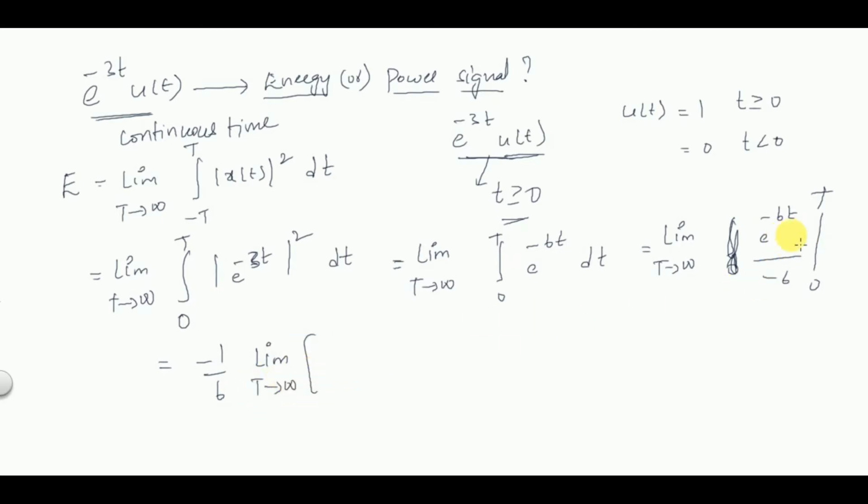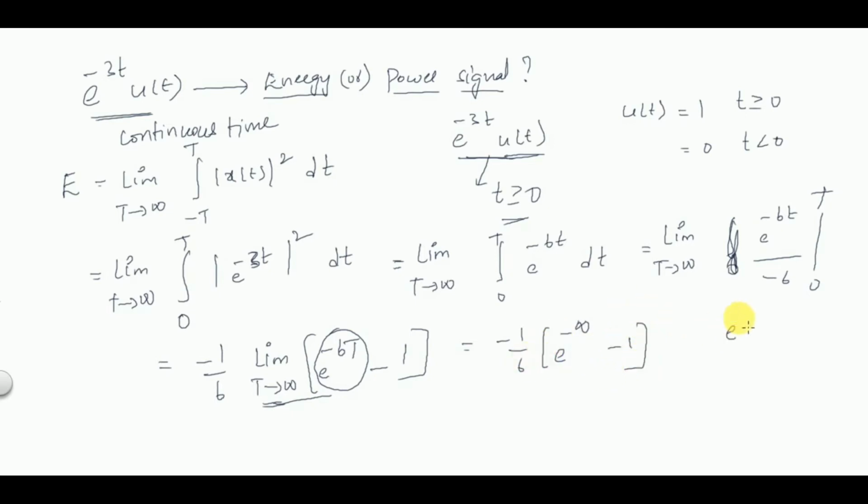If you substitute the limits, the upper limit becomes e power minus 6 into T, minus e power 6 into 0, which is e power 0, and e power 0 is 1. This is the only term which contains capital T. So if you substitute T equal to infinity, because limit as T tends to infinity, it becomes e power minus infinity, minus 1.